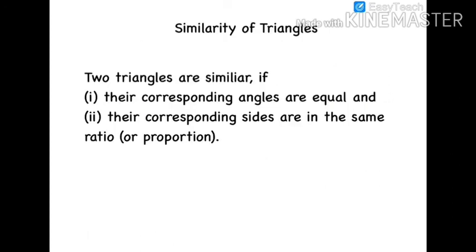Now we can extend the idea of similarity to triangles, because a triangle is also a polygon. So we can say that two triangles are similar if their corresponding angles are equal and their corresponding sides are in the same ratio.